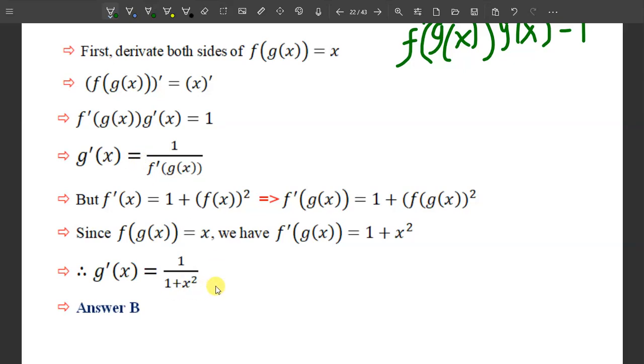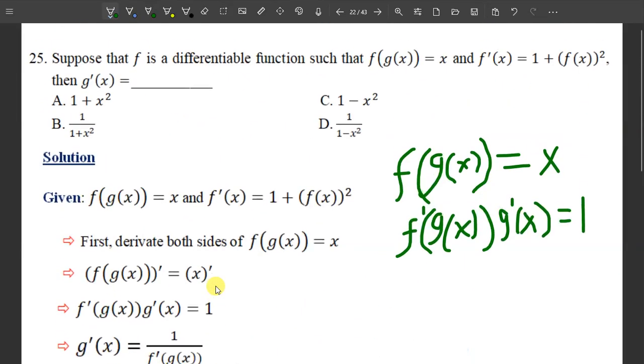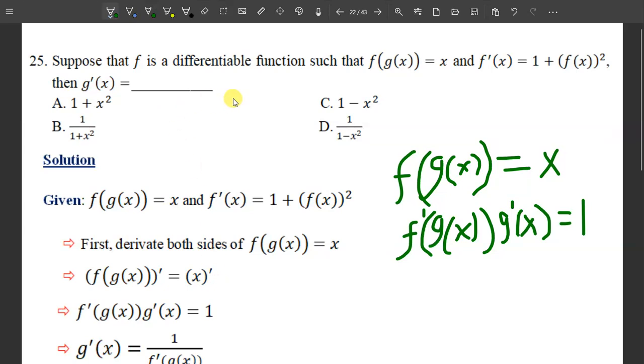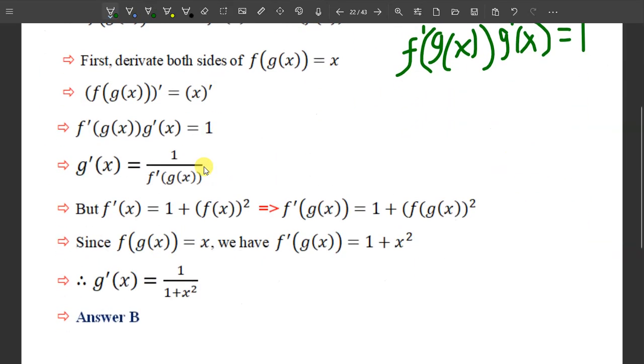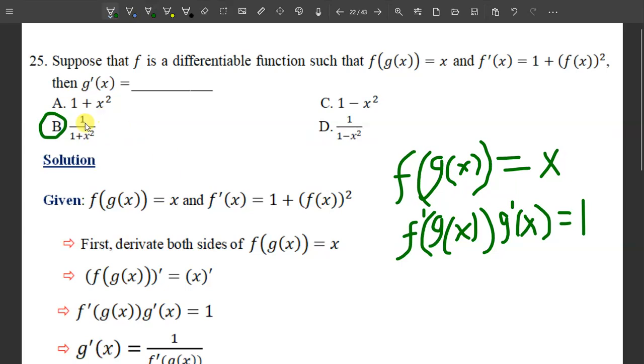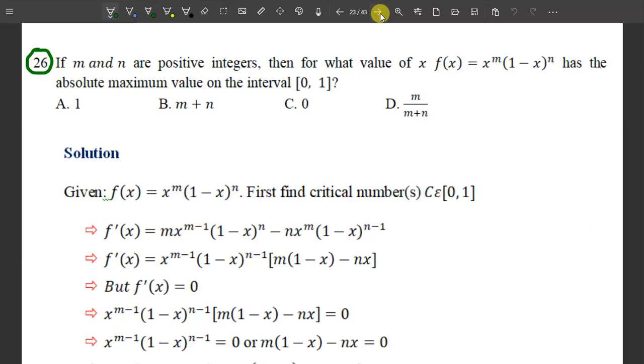That is how we solve g prime of x. Therefore, A is not the correct answer, but B is the correct answer. That expression which we have found is in choice B.